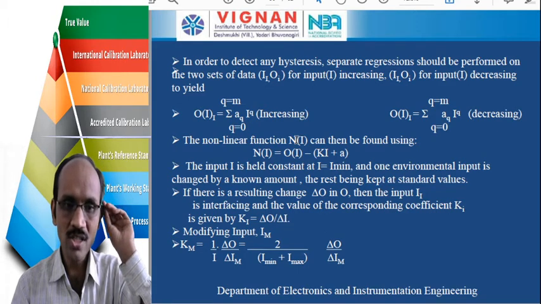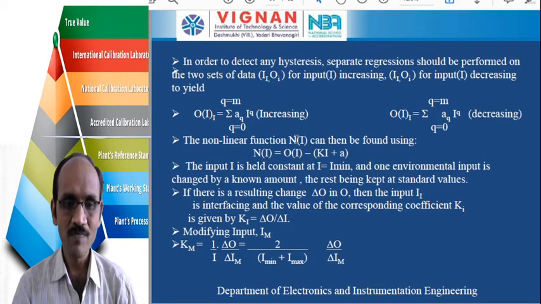In order to study the effect of these environmental inputs on the output, we have to choose any one environmental input. We choose temperature, and the moisture and humidity content are kept at 0. Then by varying the temperature, we observe the change in the output value.